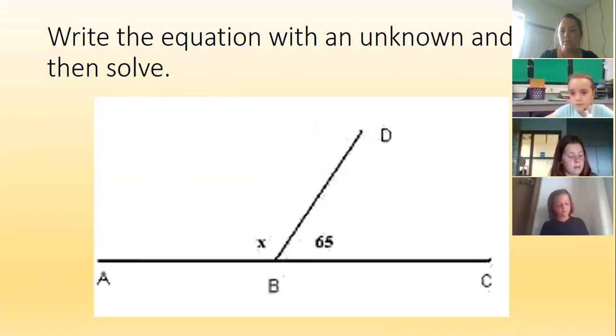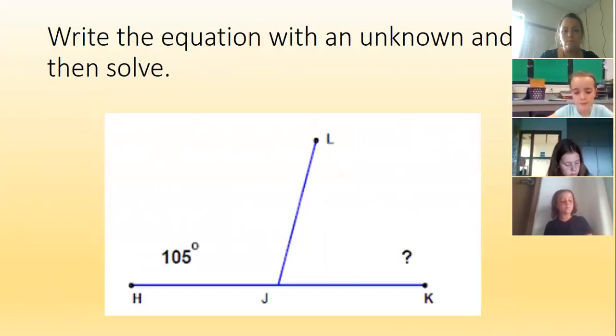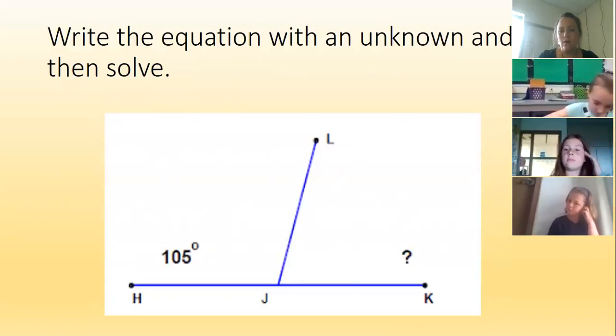Let's try one more example because I think it looks like you're understanding. All right, same thing. You're going to write an equation with an unknown to find that missing supplementary angle.